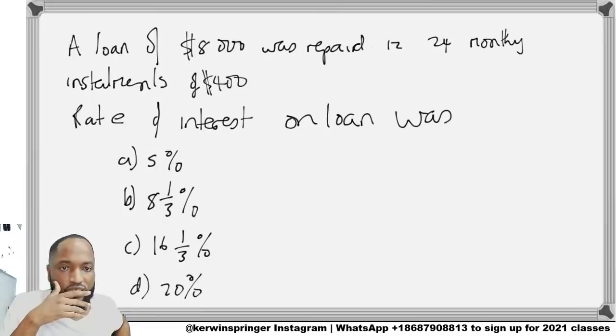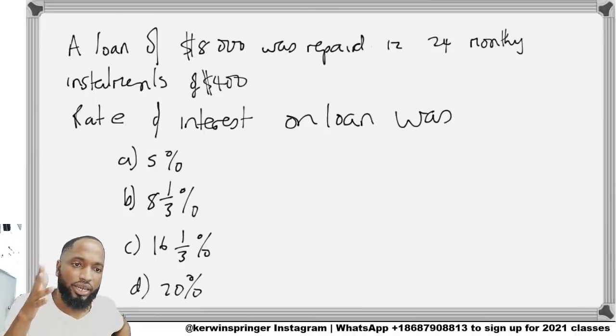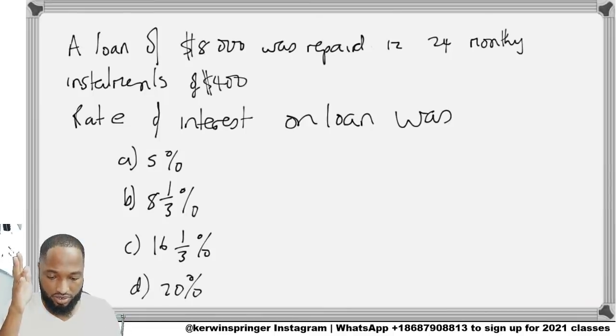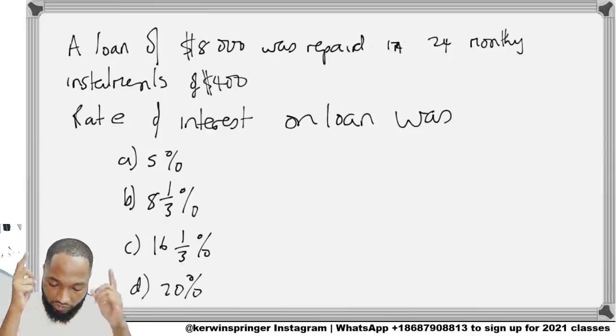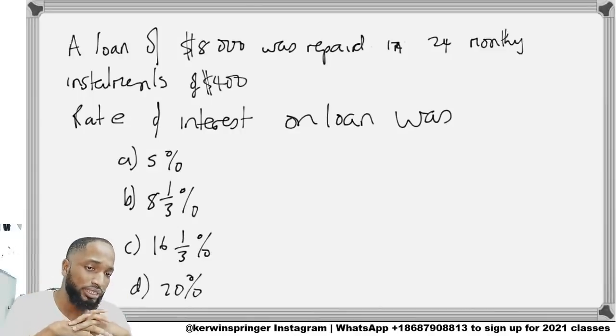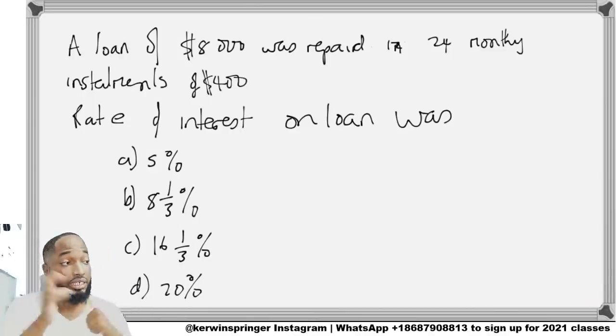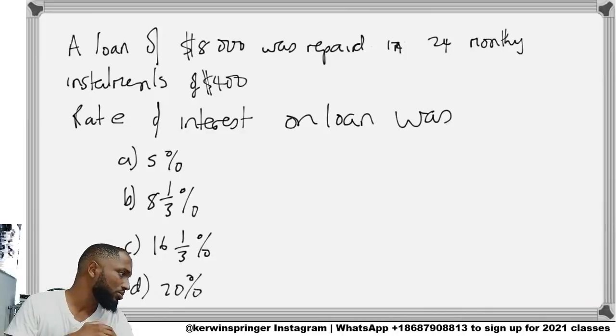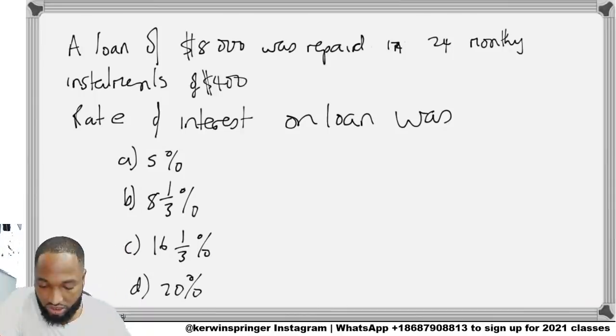The loan is 8,000, repaid in 24 monthly installments of 400. The rate of the interest of the loan. So a kind of weird question. You need to understand a lot of things to get this question. Everybody say D though. I see D running through the chat.